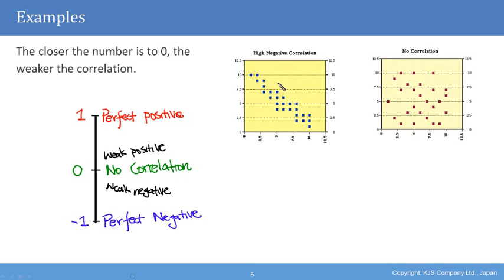Here is again an example of a high negative correlation, where the correlation is negative, and a lot of the points seem to be lying on a similar line that goes down. And so for a graph like this, you would be looking at a region somewhere around here.